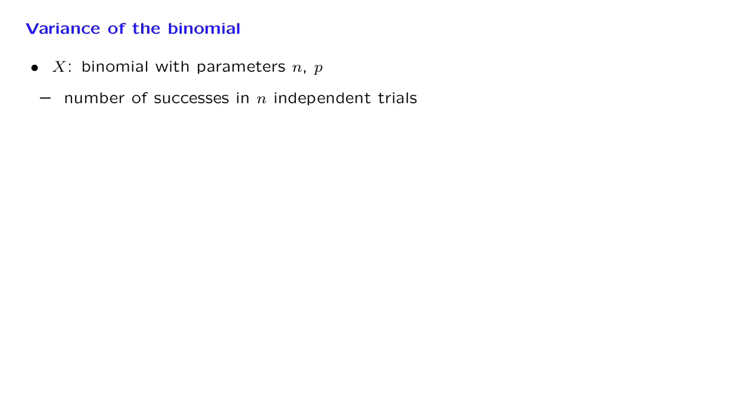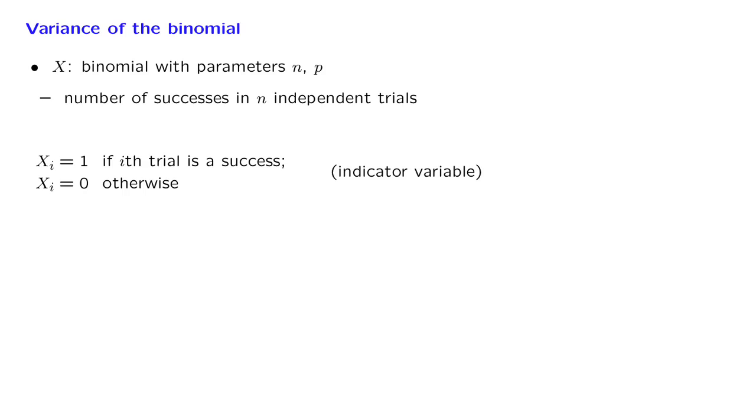As an illustration of the usefulness of the property of the variance that we have just established, we will now use it to calculate the variance of a binomial random variable. Remember that a binomial with parameters n and p corresponds to the number of successes in n independent trials. We use indicator variables. This is the same trick that we used to calculate the expected value of the binomial.